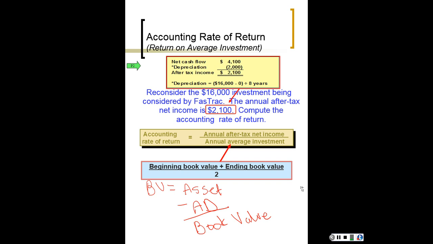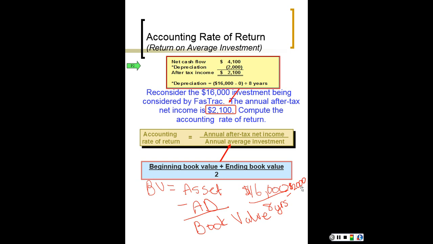So we know the net cash flow was $4,100 and the depreciation is $2,000. How did we get the depreciation? If you remember, the asset is $16,000, right? And then we're dividing it by 8 years. And that will give us $2,000 per year.